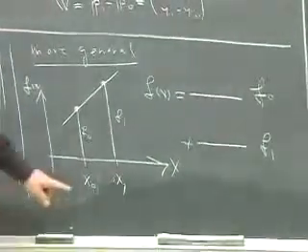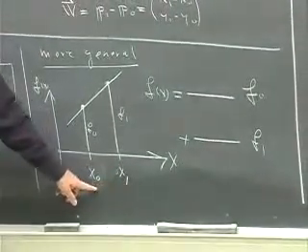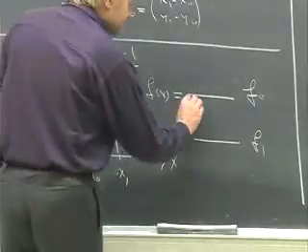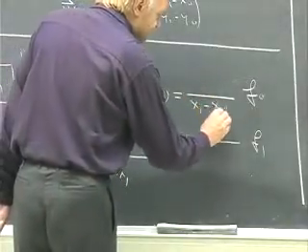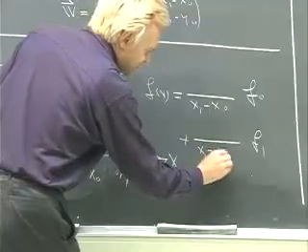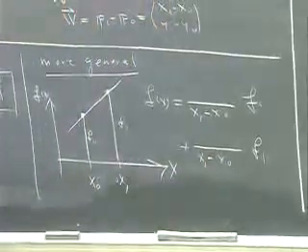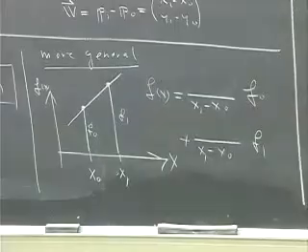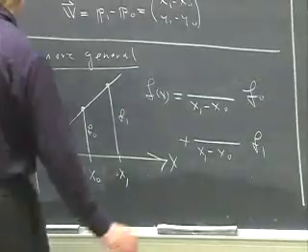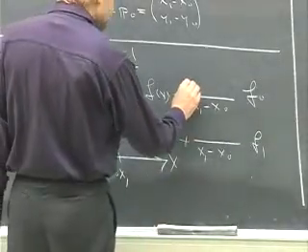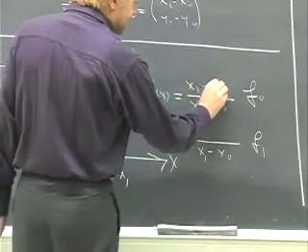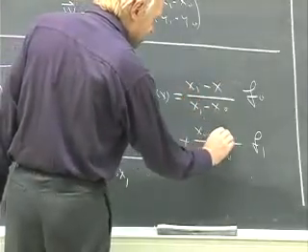We have to divide by the length of this interval, x1 minus x0. And in the numerator, we have to put x1 minus x here, and x minus x0 here.